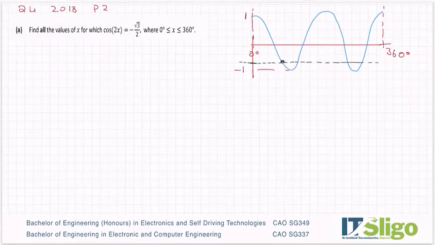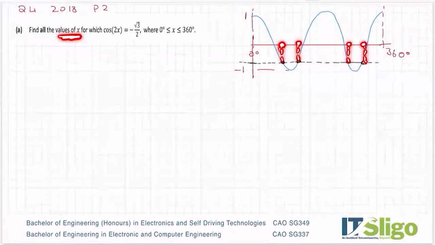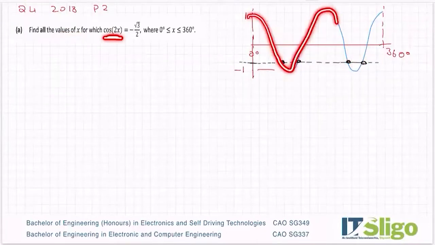Okay, so I have a point here, a point here, a point here, and a point here. So this question is asking you, find all the values of x. So it's that value, that value, that value, and that value. Find all the values of x for which this wave, cos of 2x, equals minus root 3 over 2.